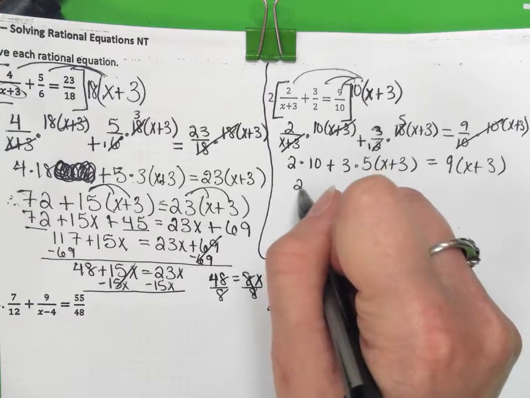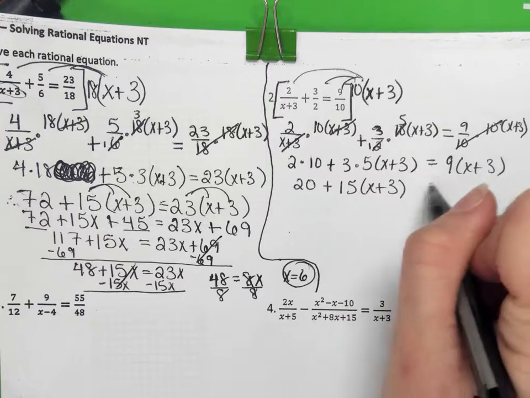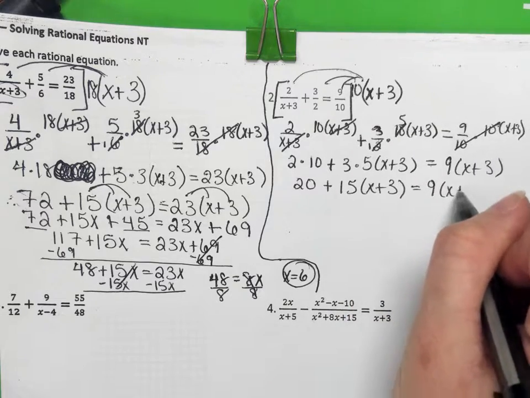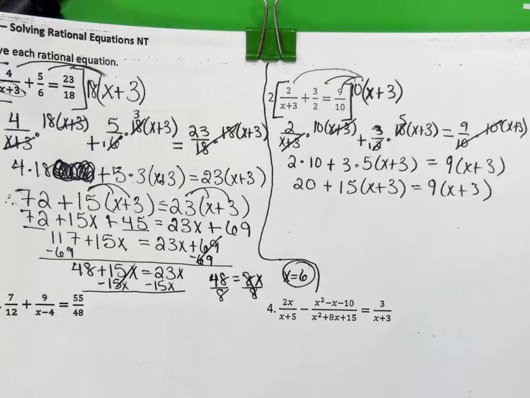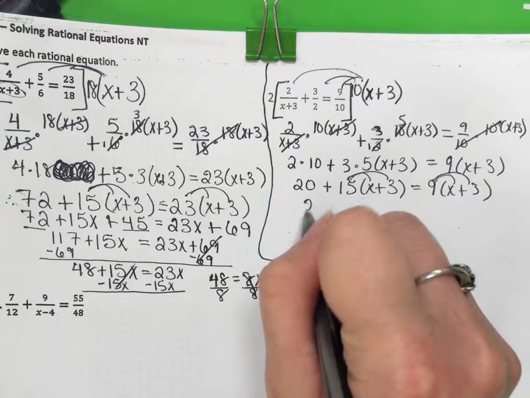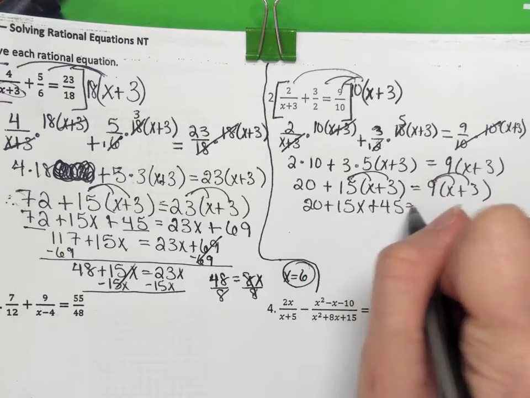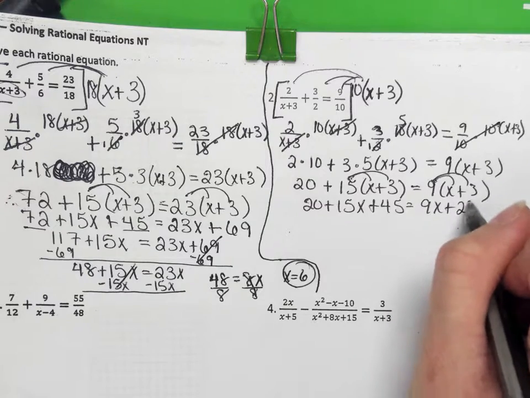Alright, so 2 times 10 is 20. 3 times 5 is 15. What would I do from there? Distribute, perfect. This would be 20 plus 15x plus 45 equals 9x plus 27.